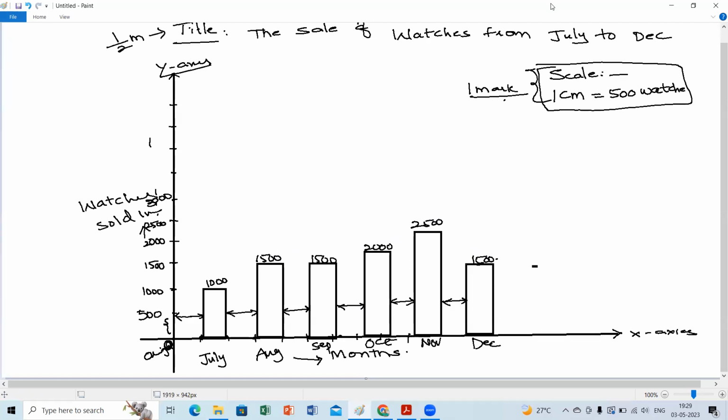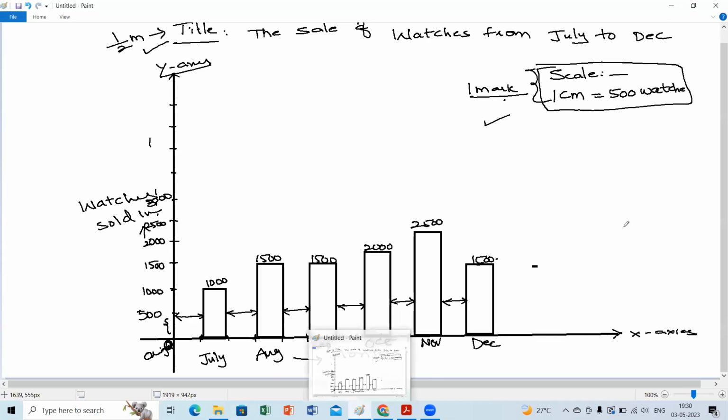For the total 4 marks for the bar graph: title half mark, scale 1 mark, x-axis and y-axis half mark, that means 2 marks, and accurate drawing of your bars means 2 more marks. So total 4 marks. And this is your bar graph.